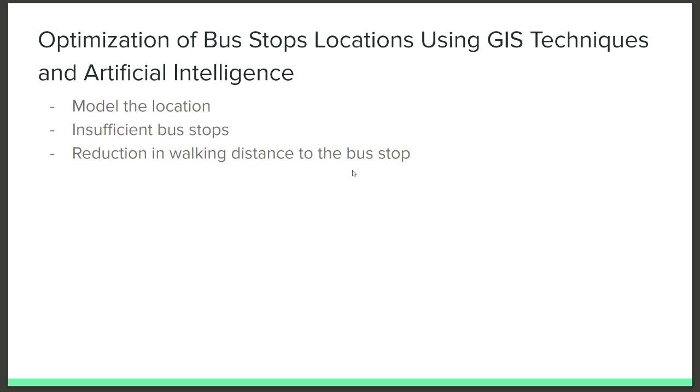Optimization significantly reduced travel time, particularly on streets with redundant bus stops. The limitations of the study stem from the trade-off between travel time and walking distance. In areas with insufficient bus stops, the model added additional stops, resulting in increased travel time.